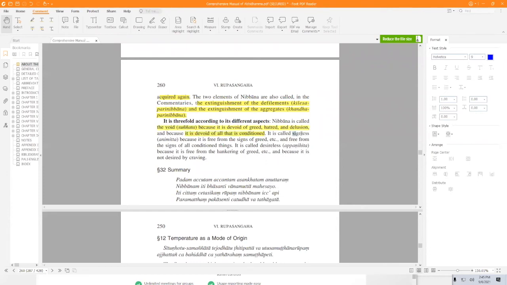It's called signless because it's free from the signs of greed, hate, and delusion, or it's free from the signs or marks or features of all conditioned things. And then it's called the desireless because it's free from the hankering or insistence of greed, hatred, and delusion.